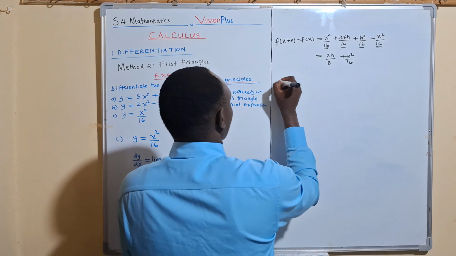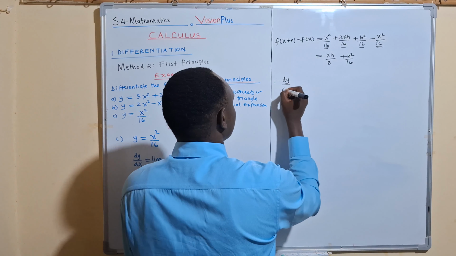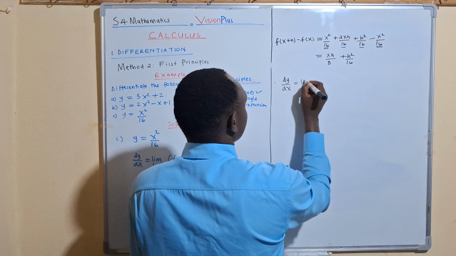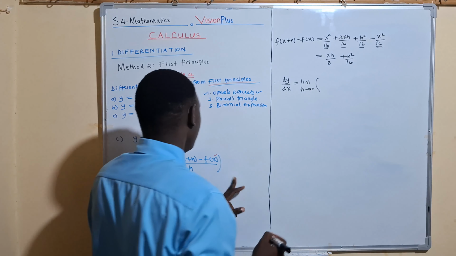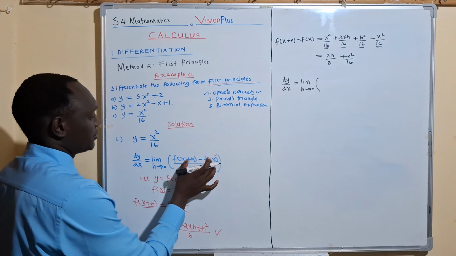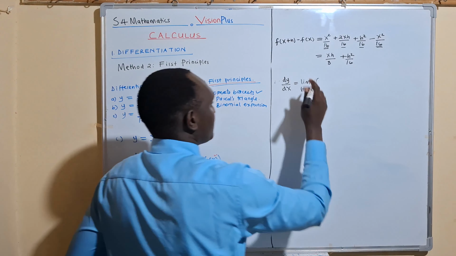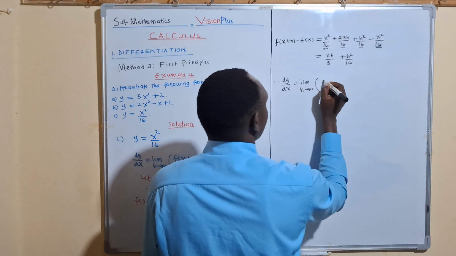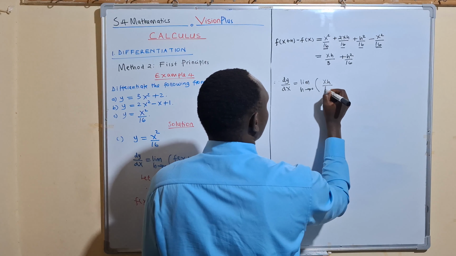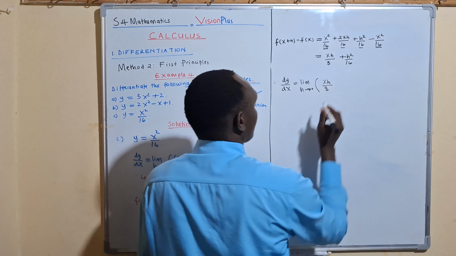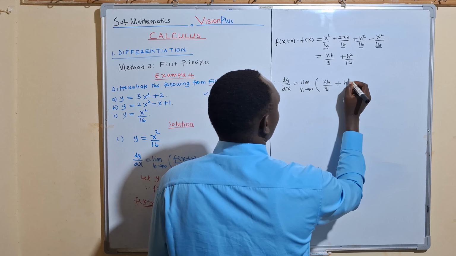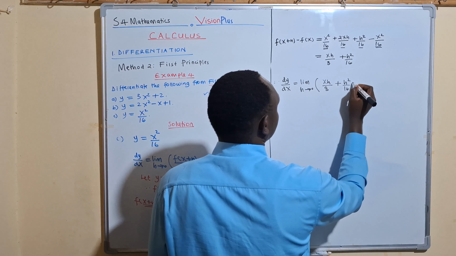Therefore, dy/dx becomes the limit as h tends to 0 of the difference of the functions. And the difference is what we have here: xh over 8 plus h squared over 16.